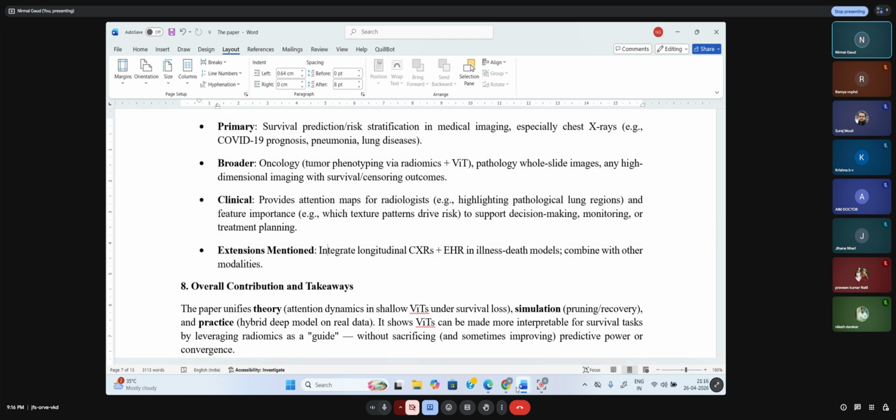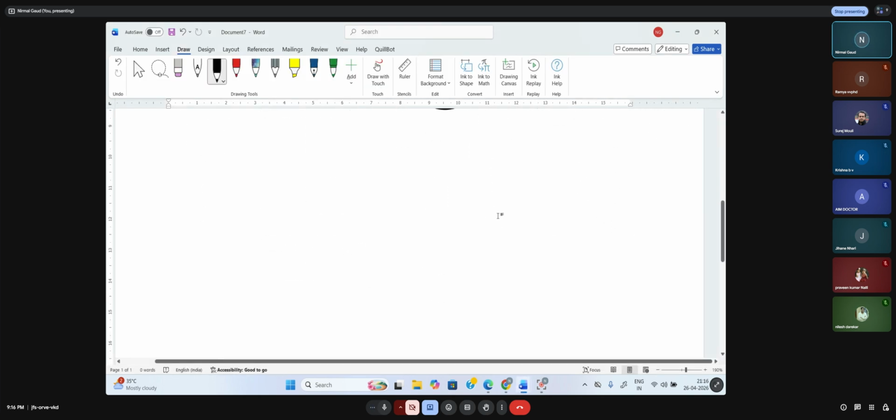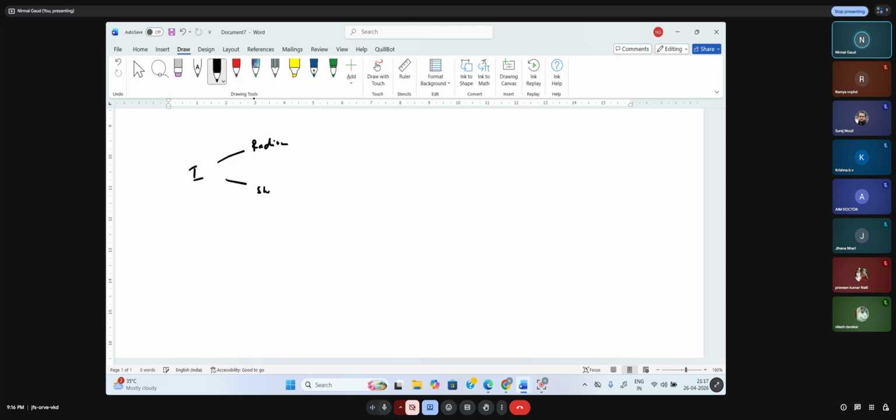All right. So I guess they do have something in their mind: one image is given to radiomics, one is given to shallow ViT. They had novelty in attention.